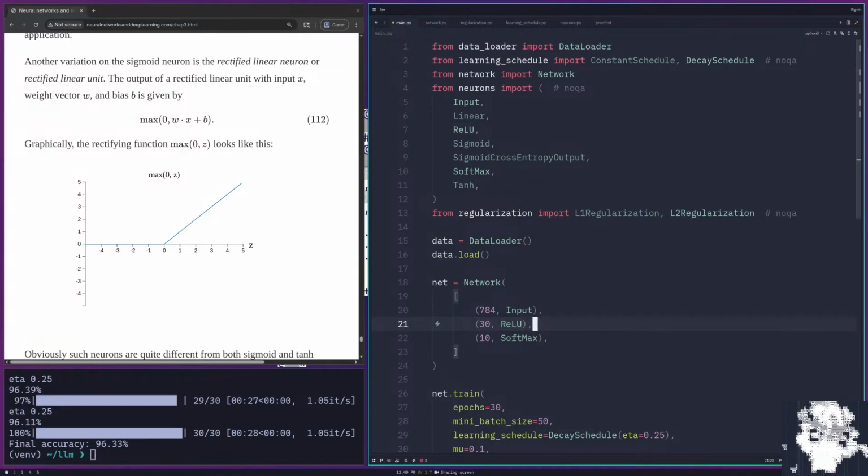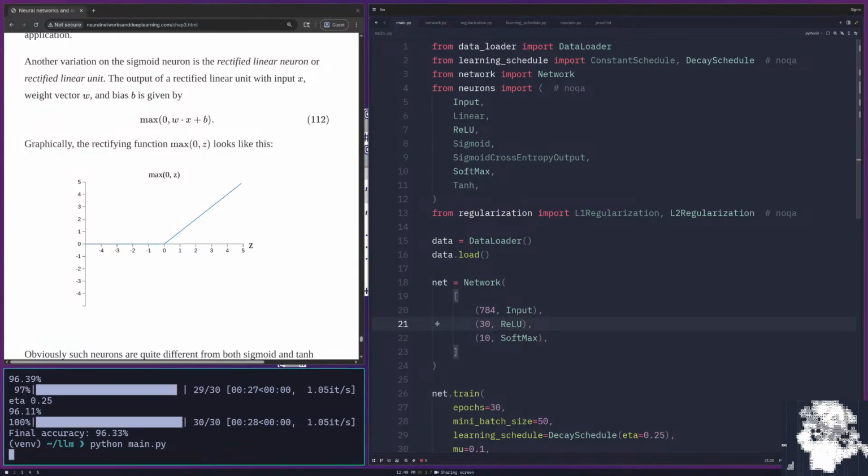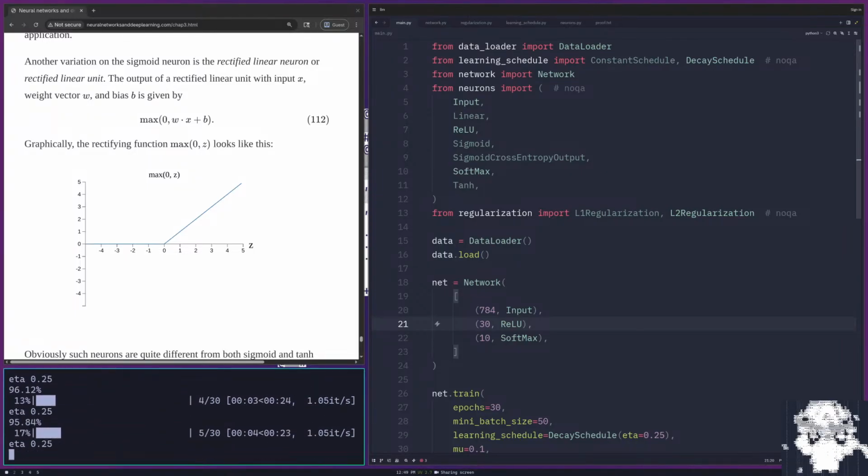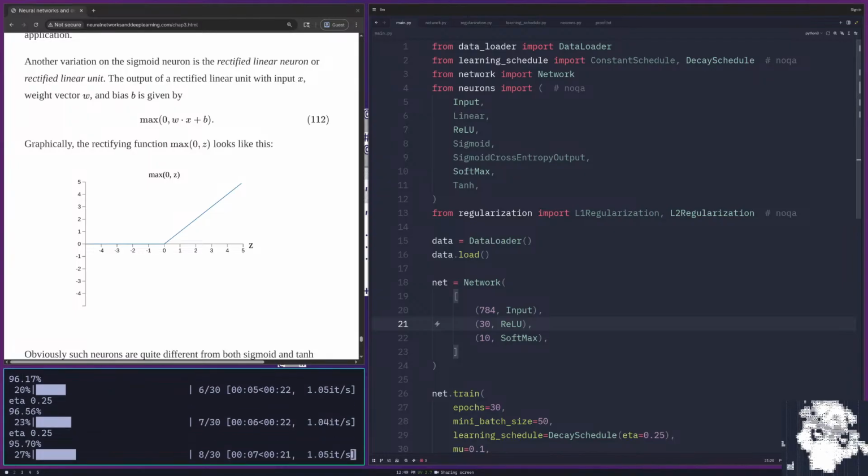And we've also seen that it works better than tanh for us. We got to 97 a second ago. Yeah, we're probably going to get to 97 on this also. Eta is going to go down eventually.